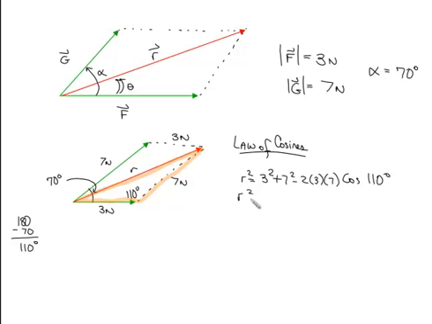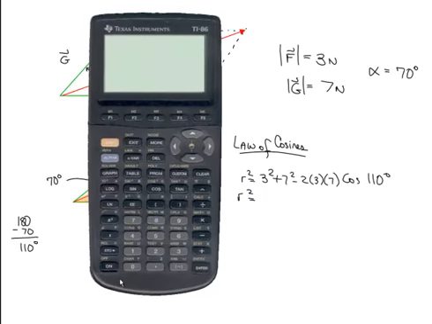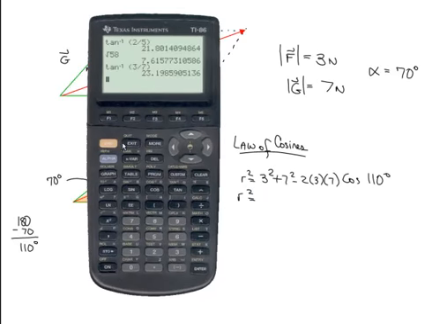And so R squared is equal to, go to my calculator, make sure I'm set to degrees, which I am. So we have 3 squared plus 7 squared minus 2 times 3 times 7 times cosine of 110.